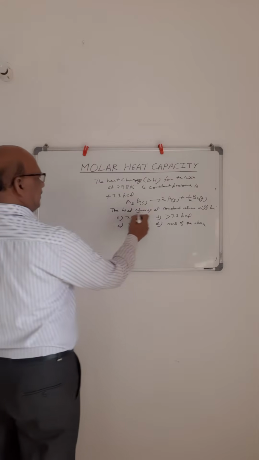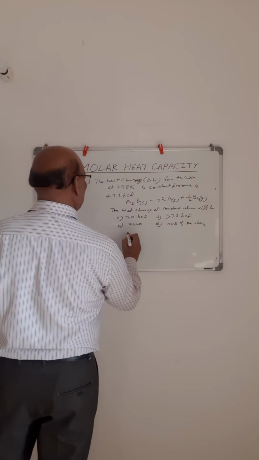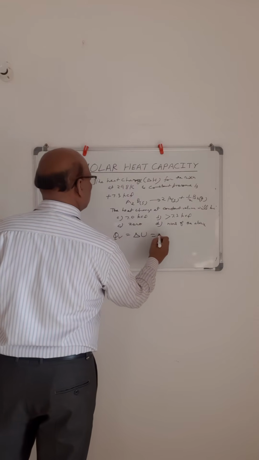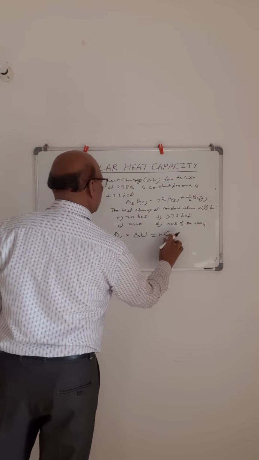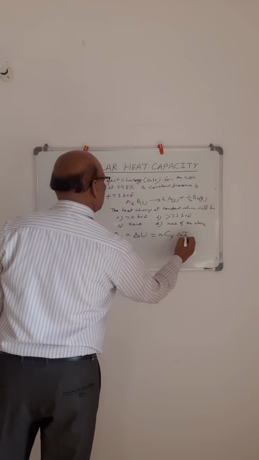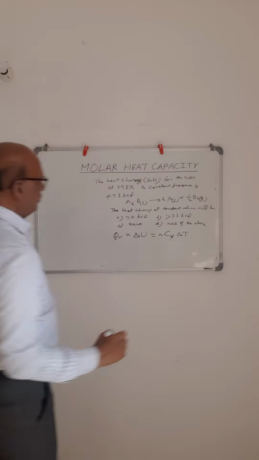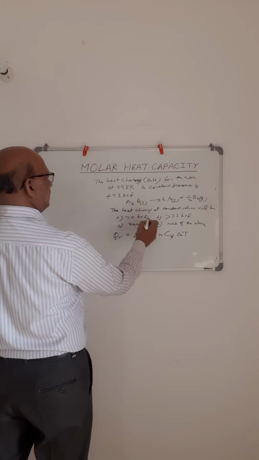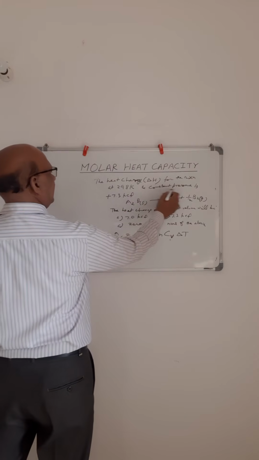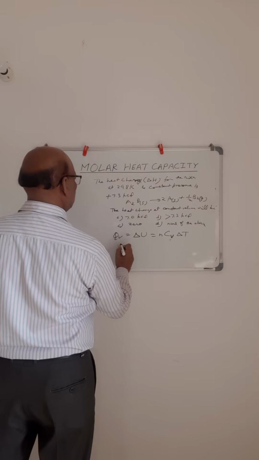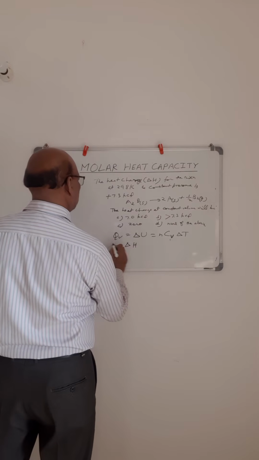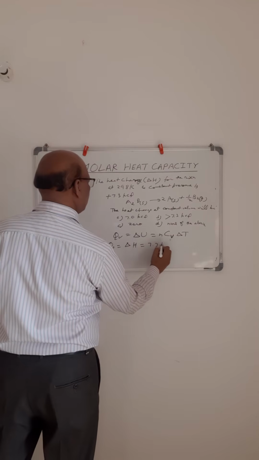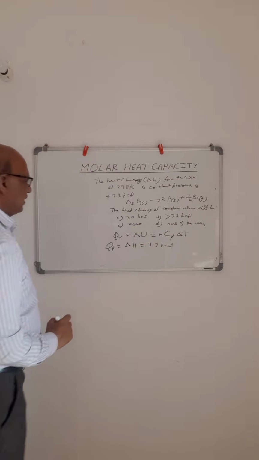Okay, so what is required is the heat change at constant volume. We know that heat change at constant volume is nothing but delta U, which is nothing but nCv delta T. And we have been given the value at constant pressure, that is Qp is delta H, given to us as 7.3 kilocalorie.